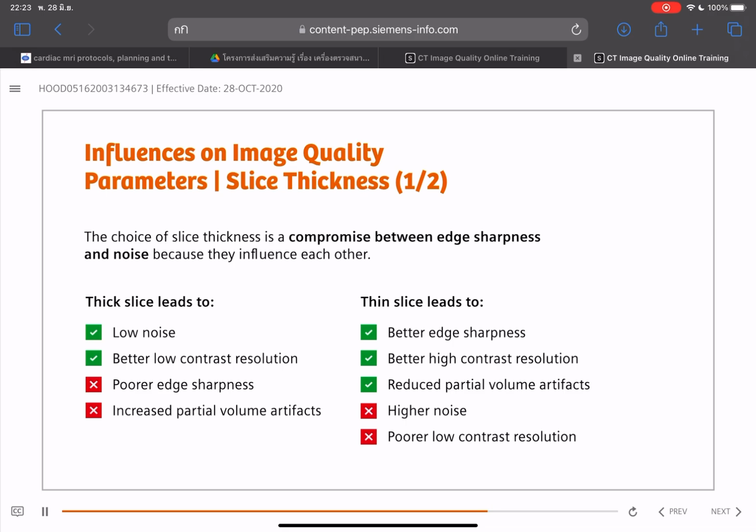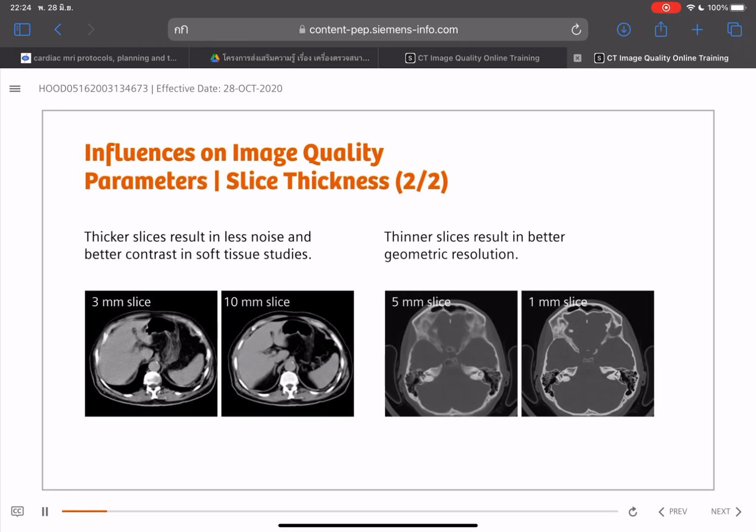Partial volume artifacts are less common, but the trade-off is that images will have higher noise and poor low-contrast resolution. As you can see in the images, thicker slices have less noise and better contrast in soft tissue studies, and thinner slices have much better geometric resolution.